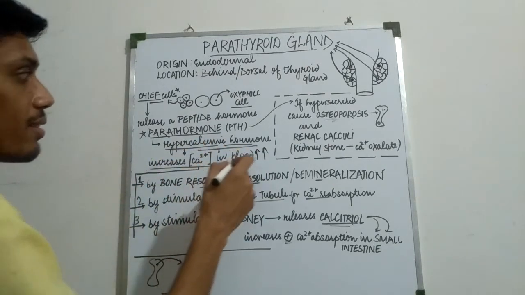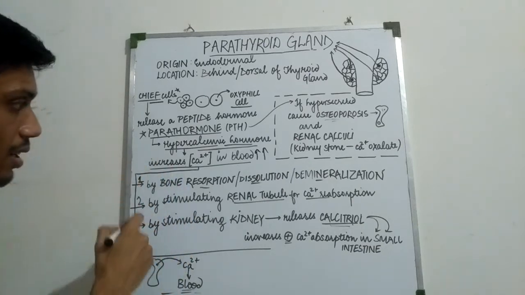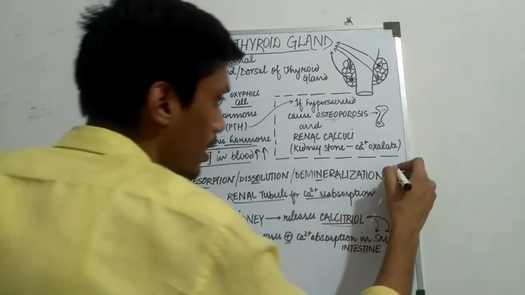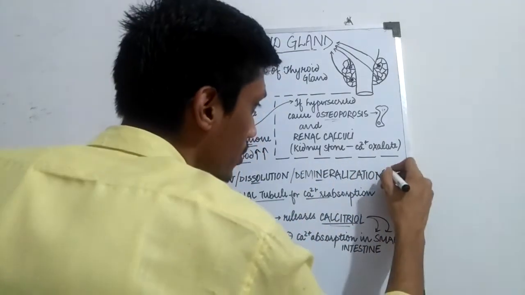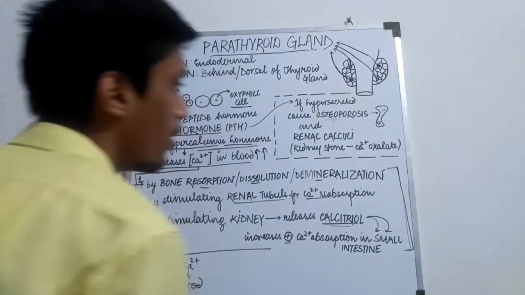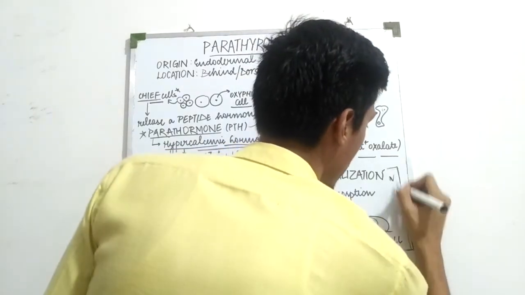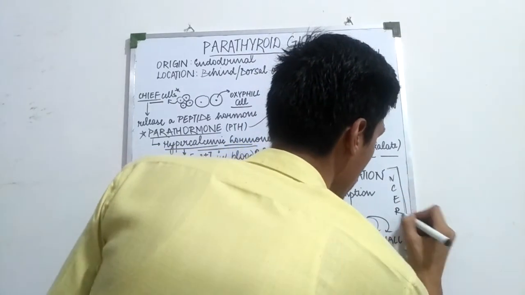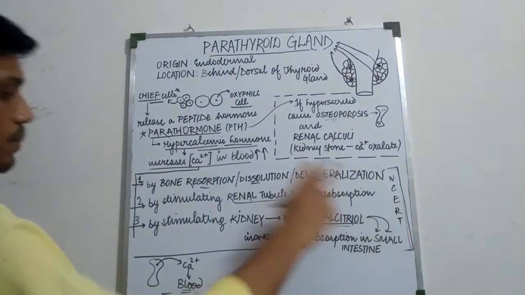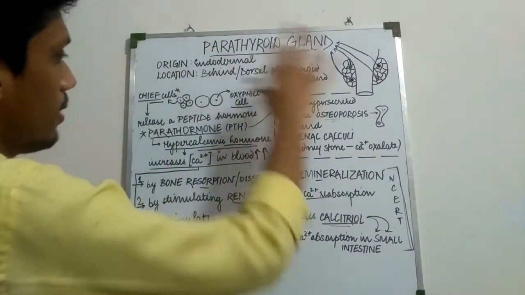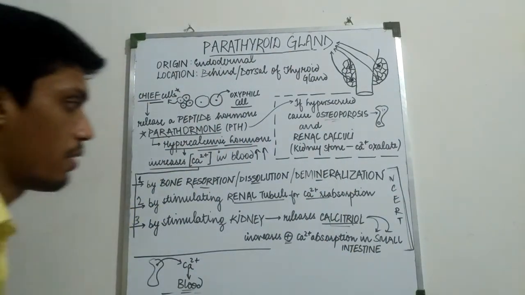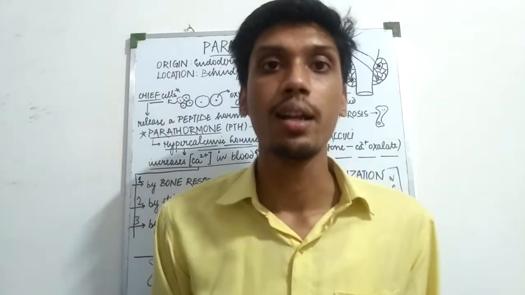And how does it increase the calcium level in blood? These are the three conditions, and these three conditions are very important because they are mentioned in NCERT. This is the entire structure and function of the parathyroid gland.